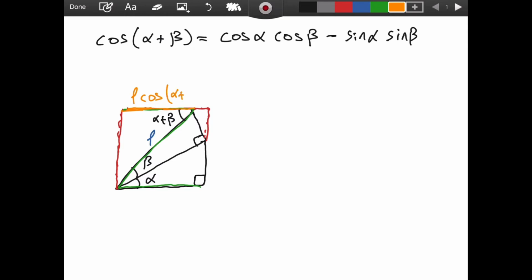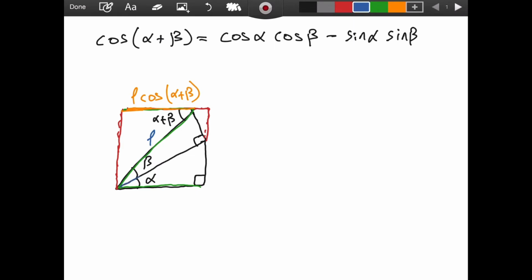We have cosine of alpha plus beta. So right away, cosine of alpha plus beta, the quantity that we are trying to find a formula for, appears in our picture. Cool. Now I want to continue with finding formulas for other lengths in terms of given quantities.